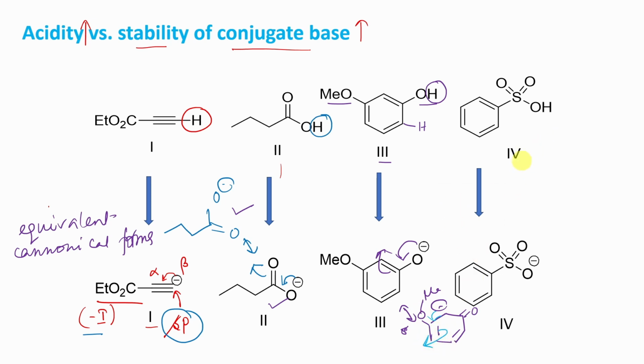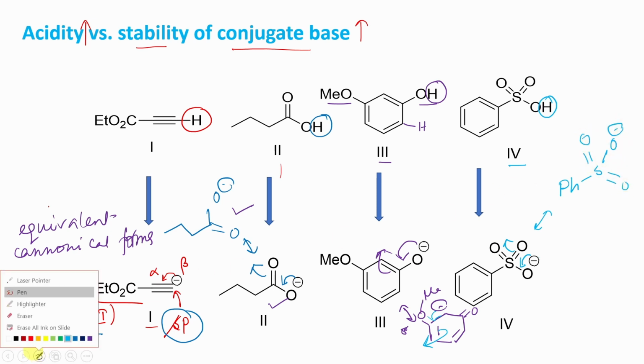Now the next one is option 4. It's a sulfonic acid, benzene sulfonic acid, and this proton is the most acidic, obviously. If you remove it, this is O-, and in this case, student, I'm drawing one canonical form. So this is PhSO-, this is double bond O, another is double bond O. Now if you look a little closely, another canonical form is also possible.